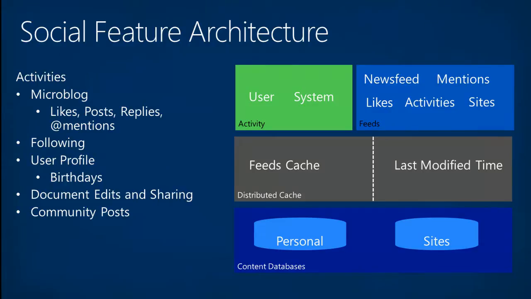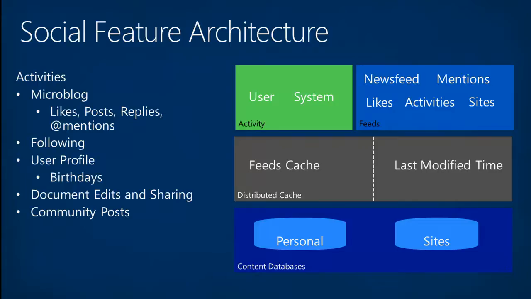But in a nutshell, we basically divide things up into a series of activities, which are either user-generated, like the microblogging activities, like when a user likes a post, when they actually make a post, when they reply to one, or when they do a mention. Those types of activities are user-based.